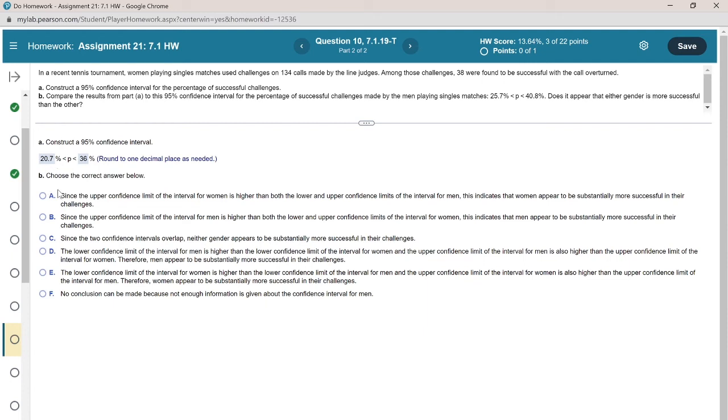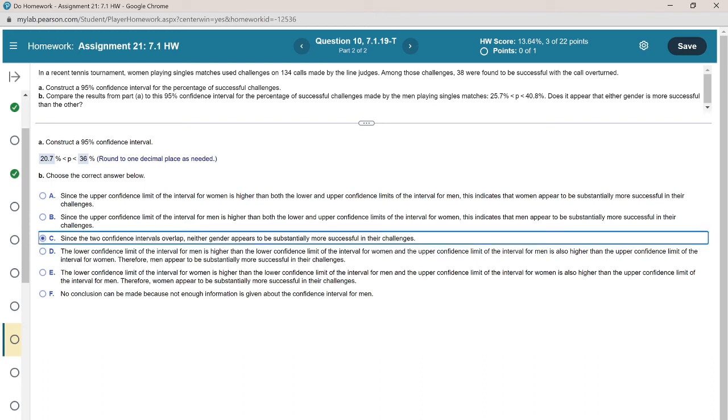Okay, so based on that information, let's read the statement we are given. Since the upper confidence limit of the interval for women is higher than both lower and upper confidence limits, since the two confidence intervals overlap, neither gender appears to be substantially more successful in their challenges. So that's the thing you always have to keep in mind about the confidence interval.